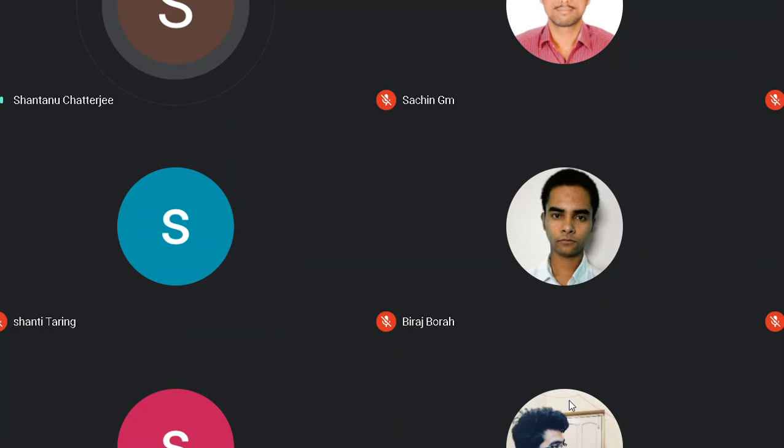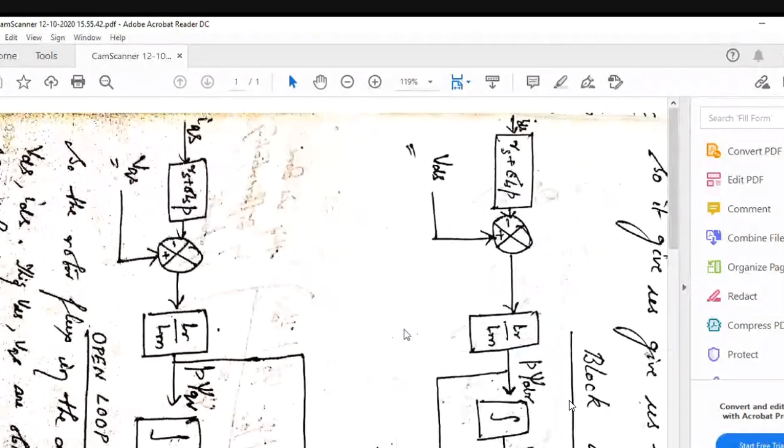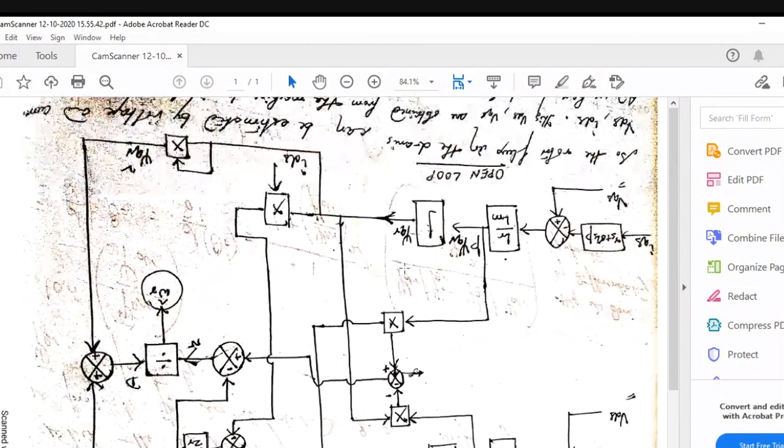Now is this diagram visible? Yes, no? I'm trying to rotate this diagram.